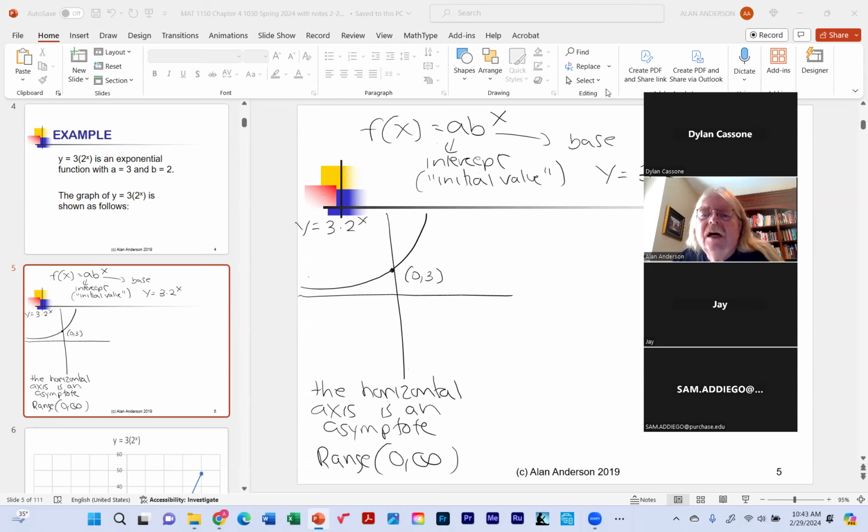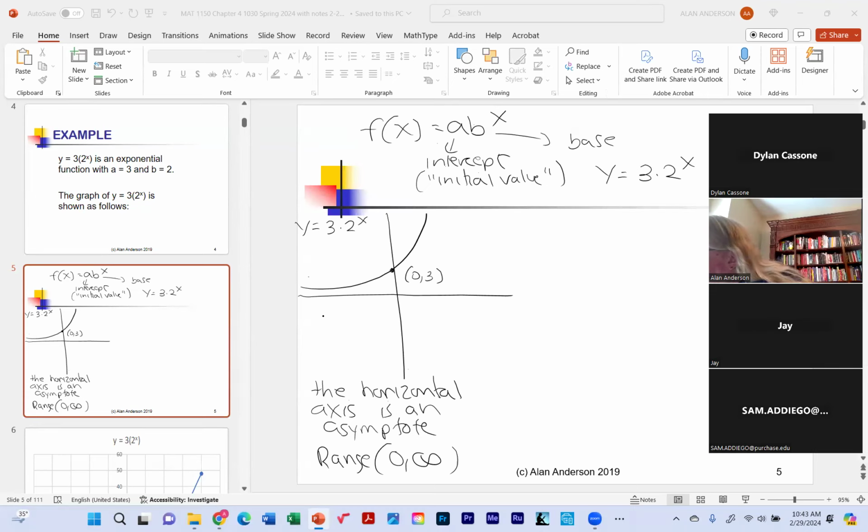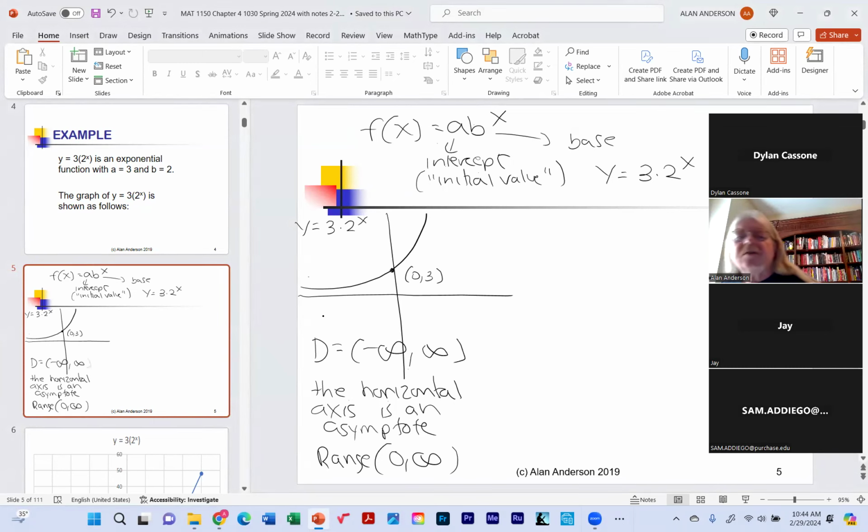Now, the domain is all the real numbers, as I started to say. There's no value of x which, when substituted into this function, can lead to either division by 0 or an imaginary number. So as far as exponential functions are concerned, the domain is always the entire real number line. But the range in this case is everything from 0 up to infinity, but not including the 0.